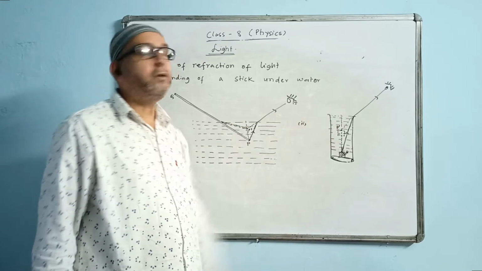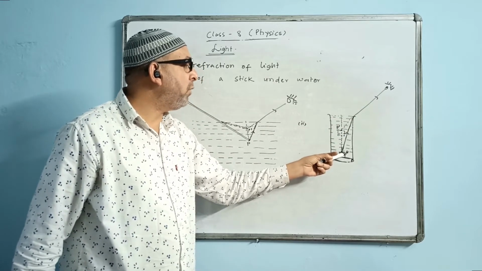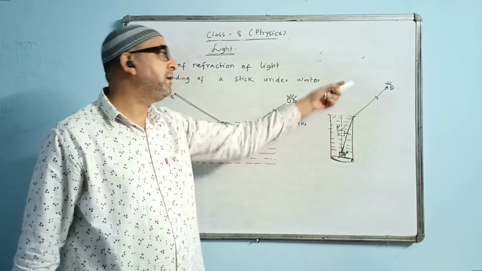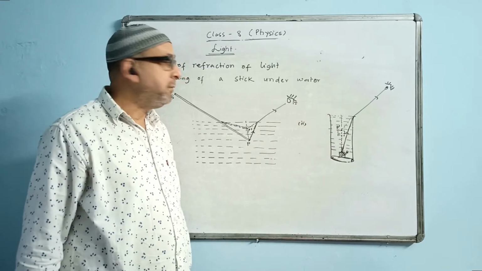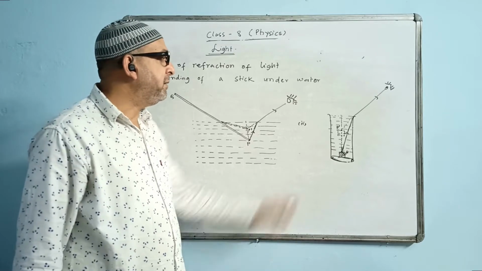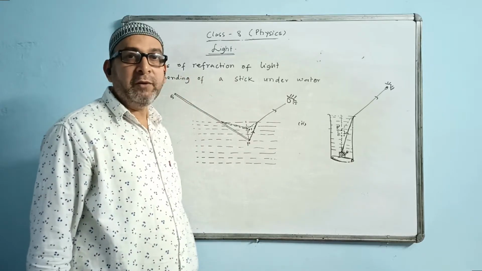Then the person will be able to see the coin, because the position of the coin will appear raised. It will appear to be somewhere here, from where the person can see it easily. This is the effect of refraction. This is the use of refraction of light.